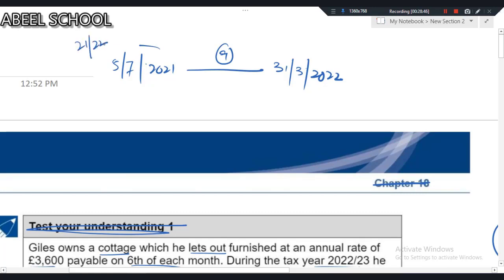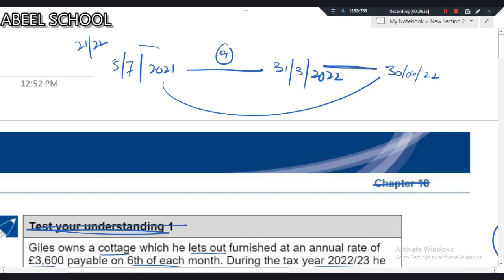But since the insurance was paid for the year, and the year starts from 5th July 2021, logically this insurance is paid for the 12 month period, not for the 9 months. So from 5th July 2021, 12 months ends at 30th June 2022. Now a very important point. The 12 month period which starts from 5th July 2021 ends on 30th June 2022.